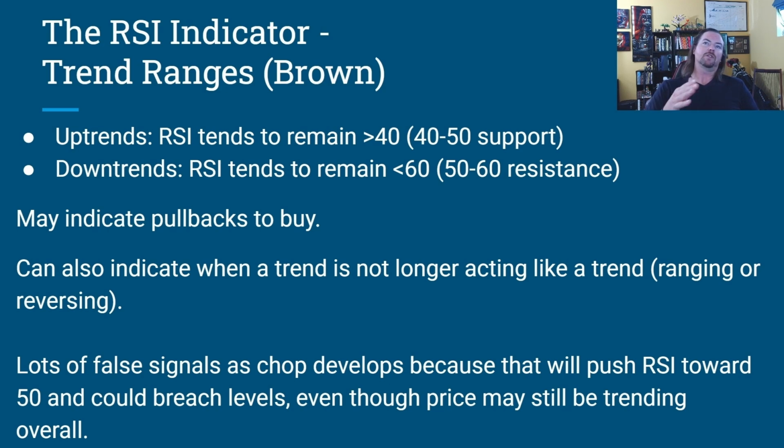An example of this would be you have a really sharp move up, right? So you're pushing up toward, let's say, 70, 80 on the RSI. Then it gets a little bit choppy, which is going to bring it back down to, let's say, the 50, 60 area. But then you get a couple days of hard selling.